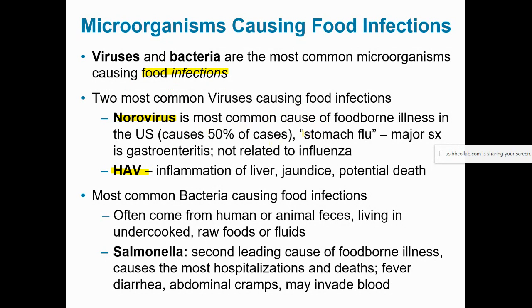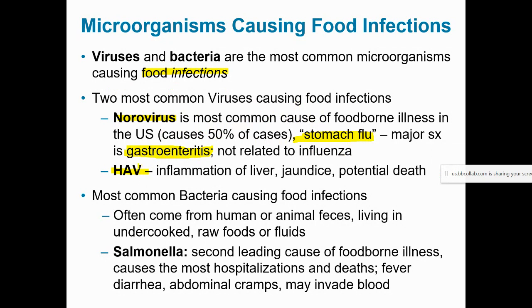Norovirus is what causes the stomach flu. We call it flu, but it is not actually related to the influenza virus. So just an important note. It's basically gastroenteritis, so inflammation of the stomach is the major symptom of norovirus. That's why we call it the stomach flu, because it's really the stomach that gets affected the most.